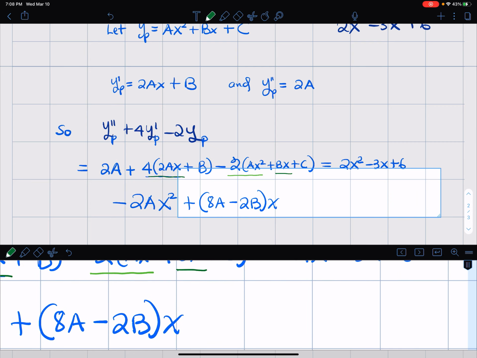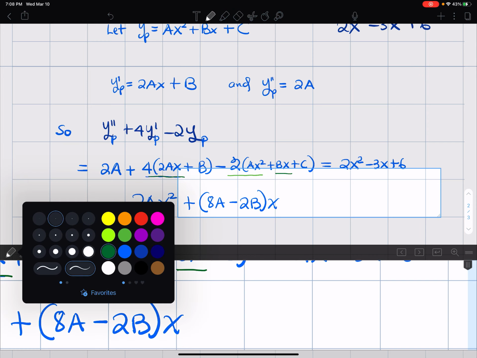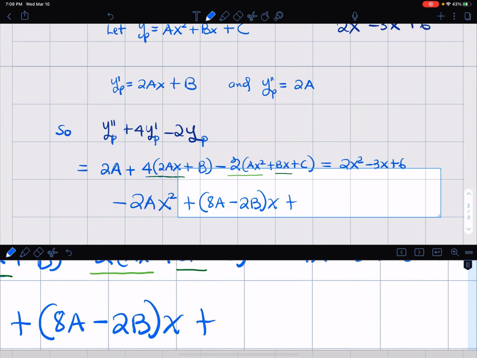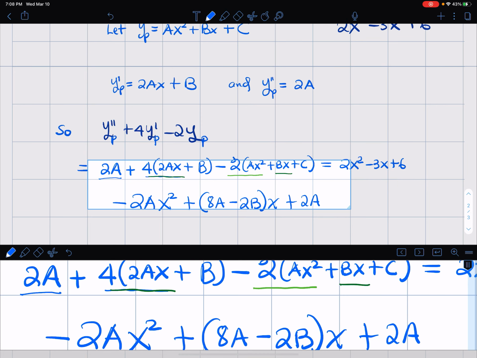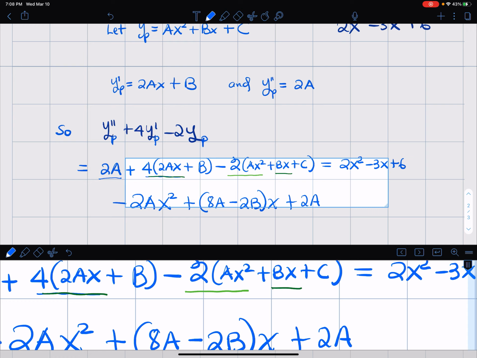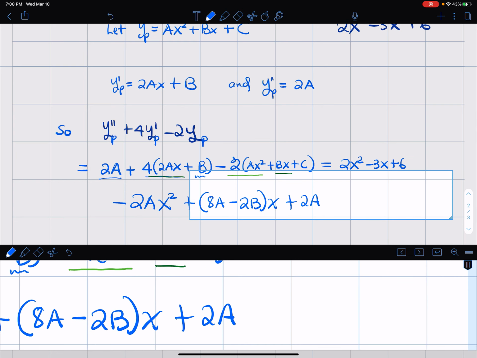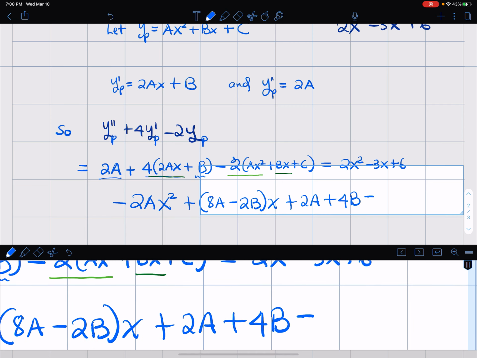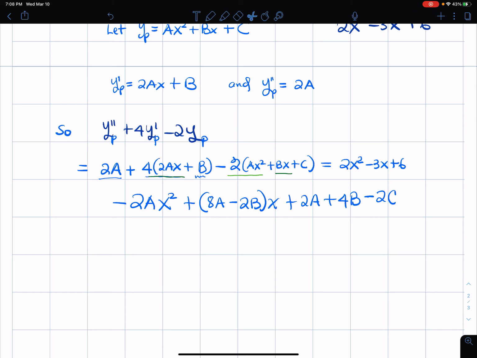We're now left with just 2a, this 2a right here, and then plus 4b because of this b right here, and then minus 2c. Okay, so this is the left hand side.